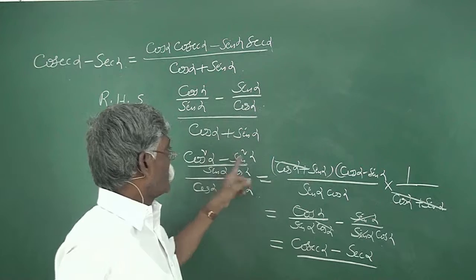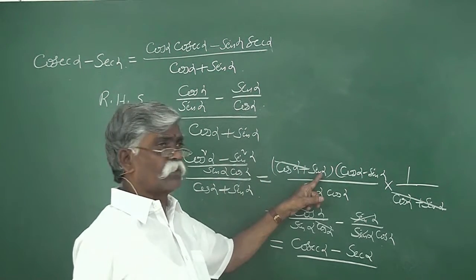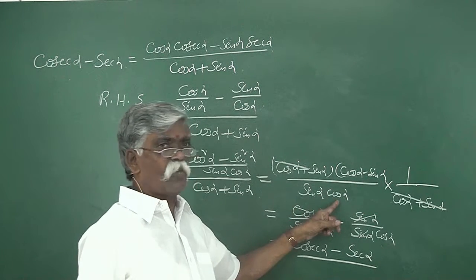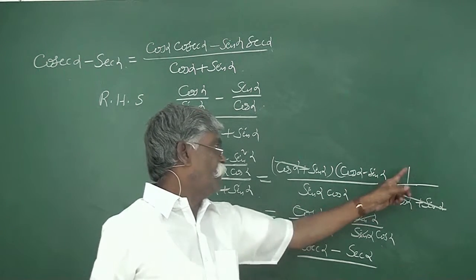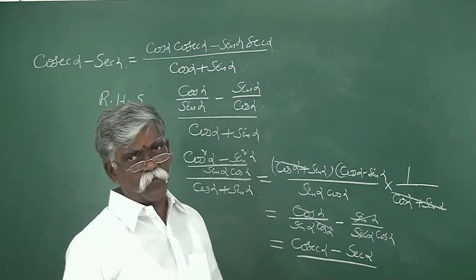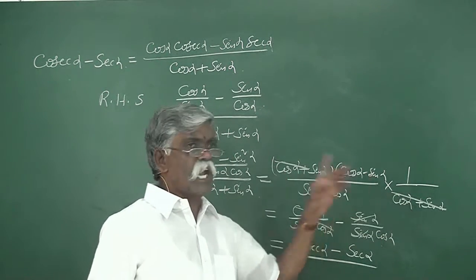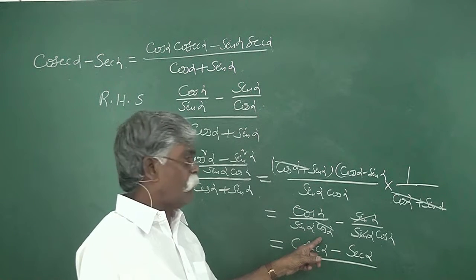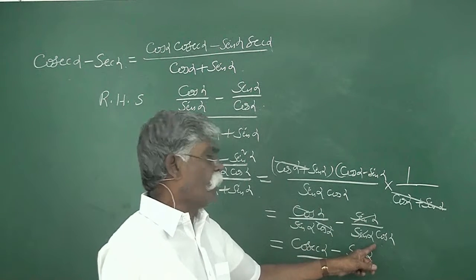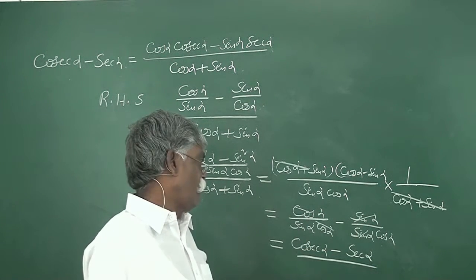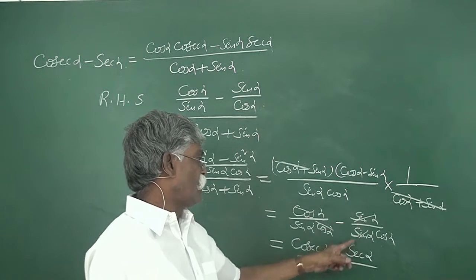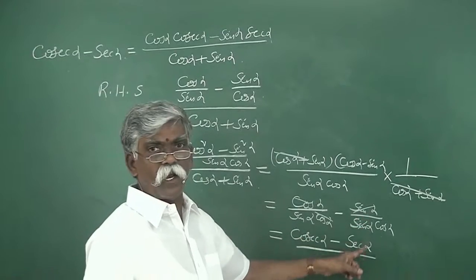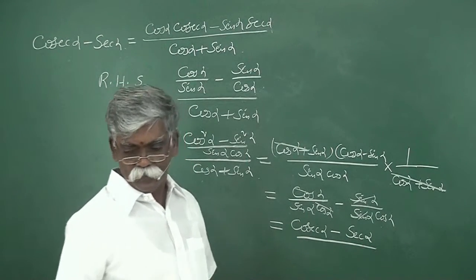Now the factors for this are cos alpha plus sin alpha into cos alpha minus sin alpha by sin alpha cos alpha. The denominator is written here as 1 by cos alpha plus sin alpha. These two get cancelled. Now the remaining thing is cos alpha by sin alpha cos alpha minus sin alpha by sin alpha cos alpha. This is cancelled and this is cancelled. 1 by sin alpha becomes cosecant alpha minus 1 by cos alpha becomes secant alpha.